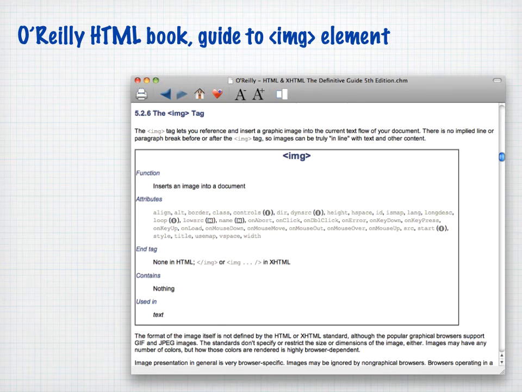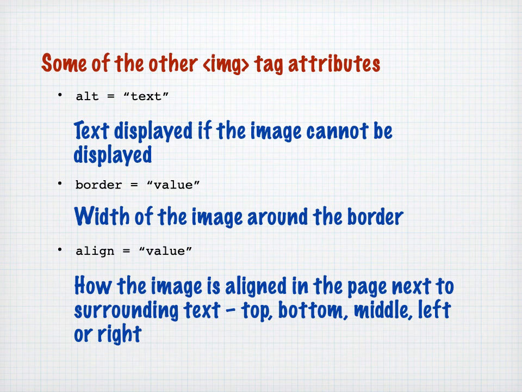So, for example, here are 3 common ones that we might use: alt, border, and align. So what alt does is it's the text that will be displayed if the image isn't available. And also, if somebody is partially sighted, they can use a browser which will actually read the alt text aloud, whatever the text is that we place in that gap.